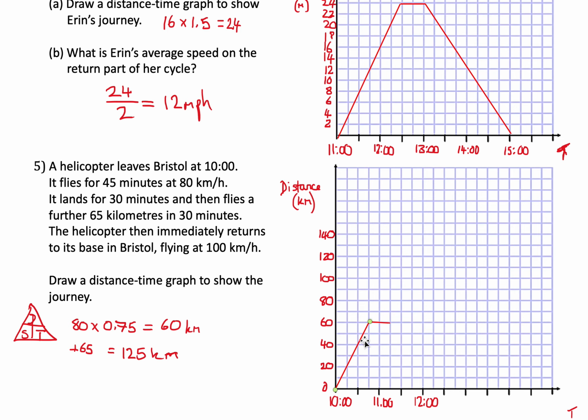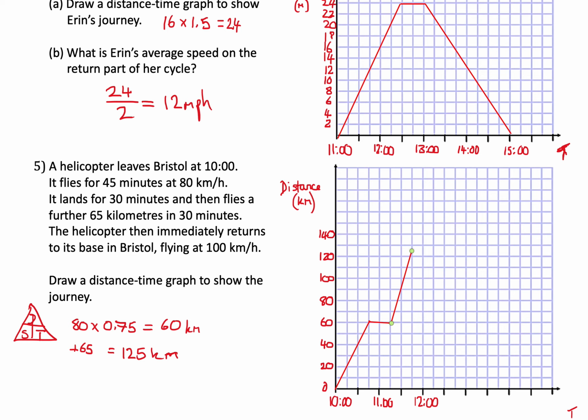So it'll be a very similar gradient to this one, but not quite exactly the same. 125. Doesn't want to play ball, I'm afraid. There we go. Okay, and it then flies at 100 kilometers an hour.